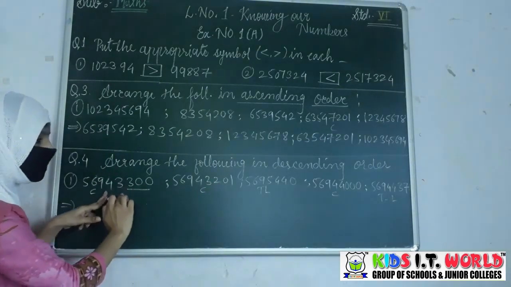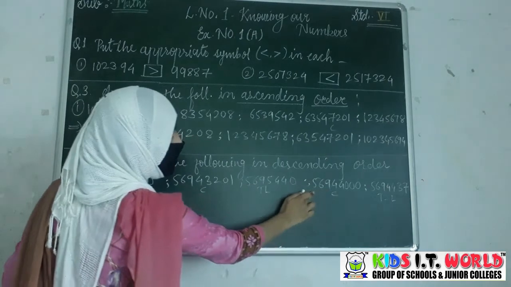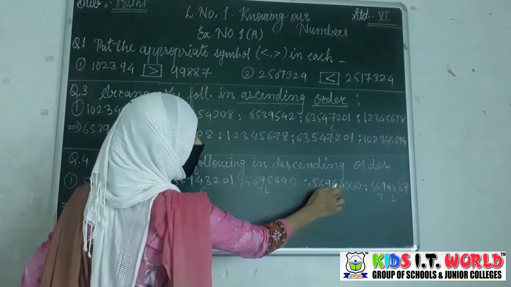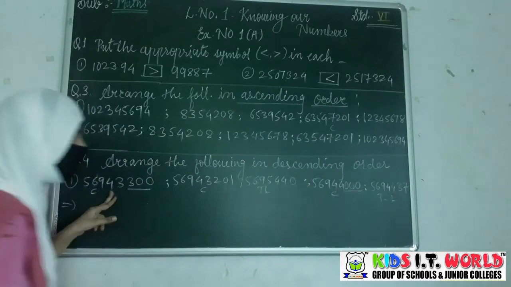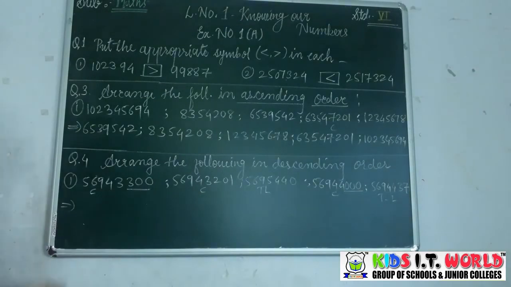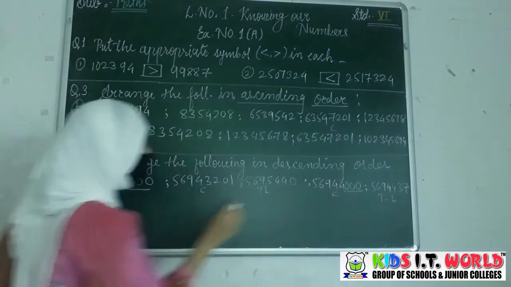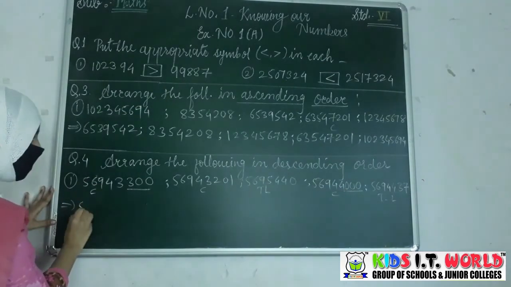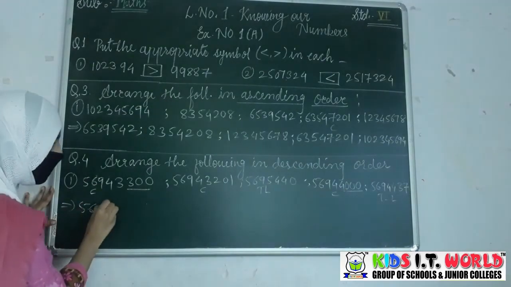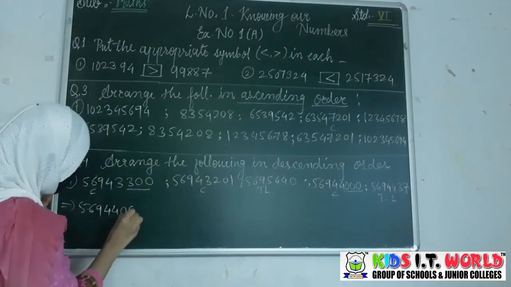So now compare this number with this. So it is 5 crore 69 lakh 44,000. So again see this. Which number is greatest? Obviously this number is greater than this. So first of all we will write this number. So it is 5 crore 69 lakh 44,000.